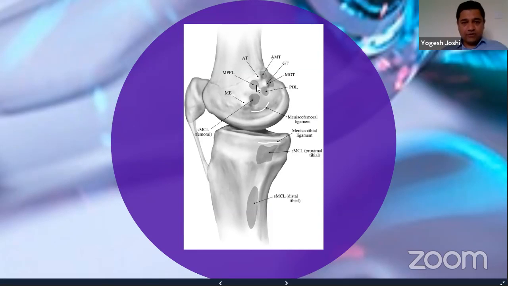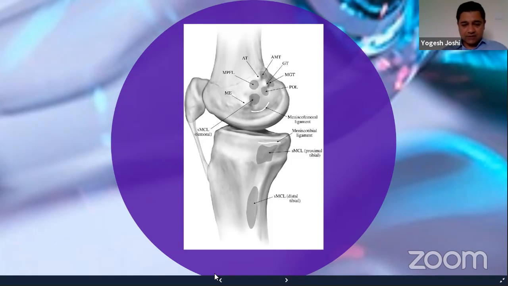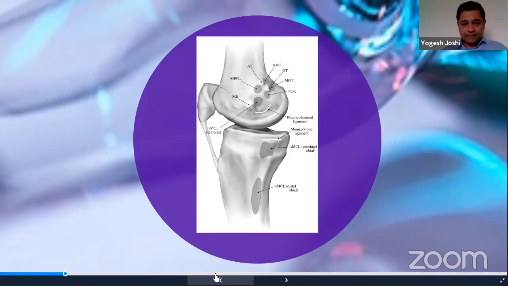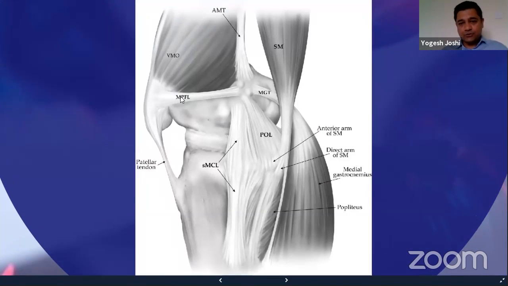Yes. If you look at the anatomical structures, there you go. That's the MPFL. It goes from the proximal part of the patella all the way to the medial epicondyle down here. It's anterior to the adductor tubercle and posterior to the medial epicondyle.